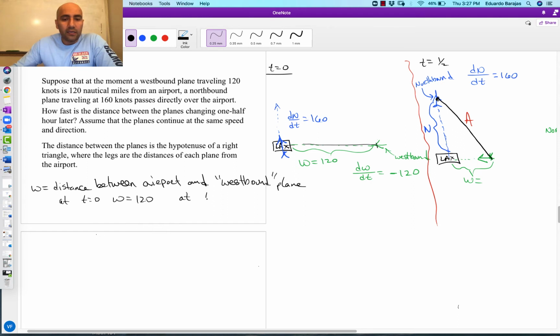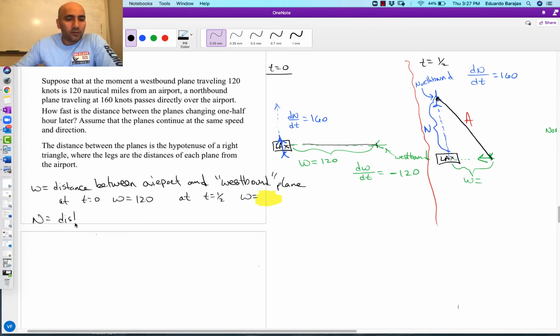At t equals 1/2, we have to figure out what that is, right? It's going to be different. We'll figure that out in a second. So I'll just put it in a box right here. Yet to be determined.